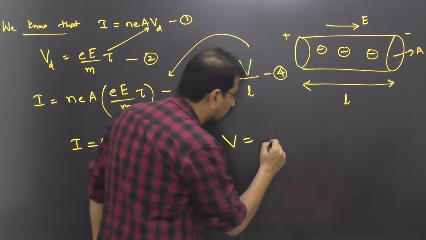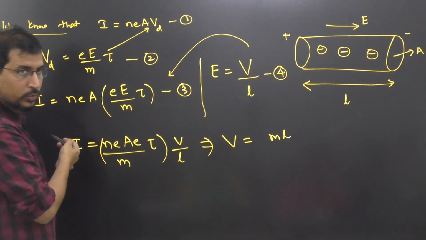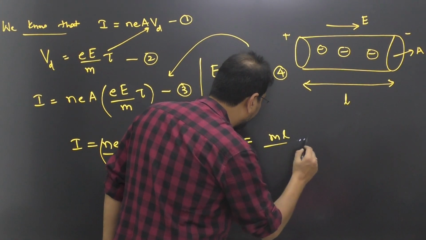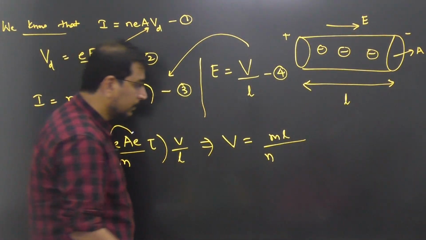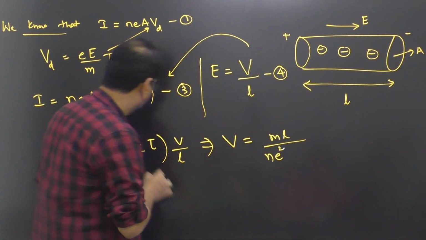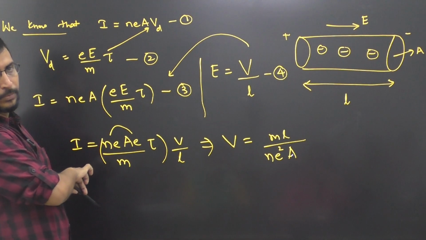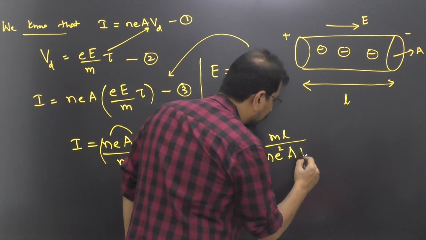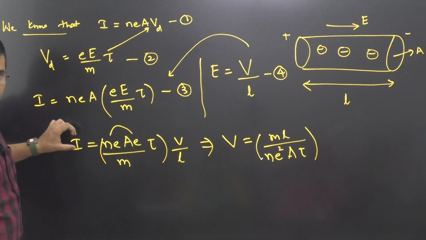So V will be equal to m into L, because m and L are in the denominator, go to the other side. m into L divided by n into, observe, e into e is going to be e square. A is A only, and the tau will go to the denominator. The whole thing multiplied with current.